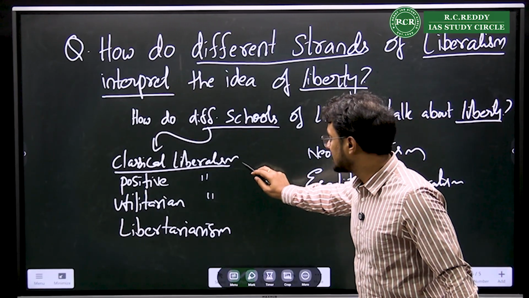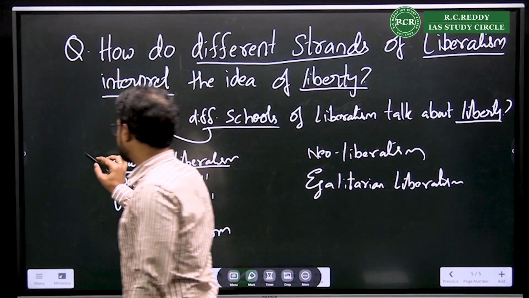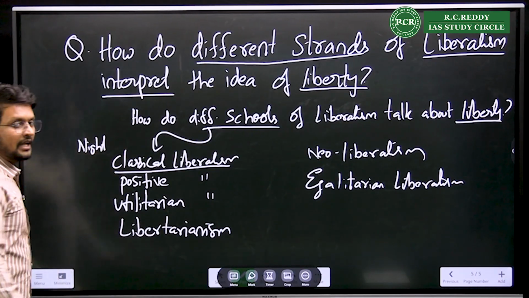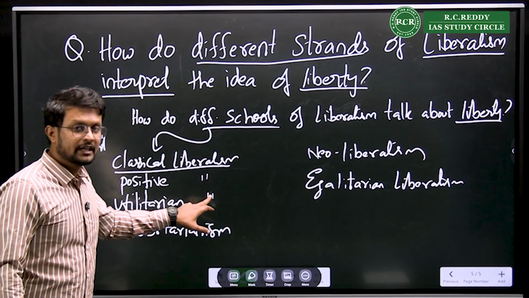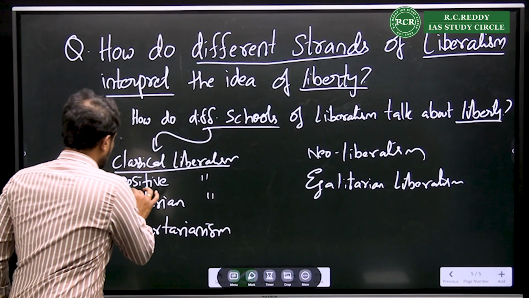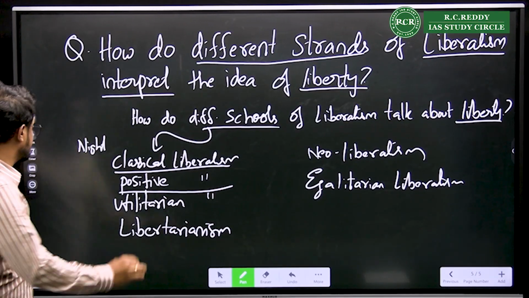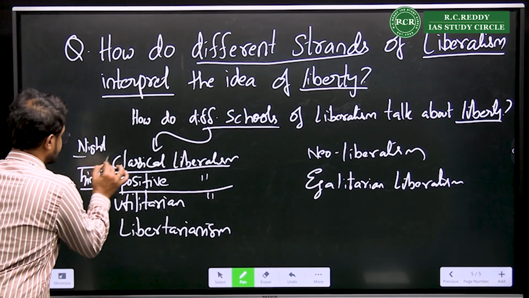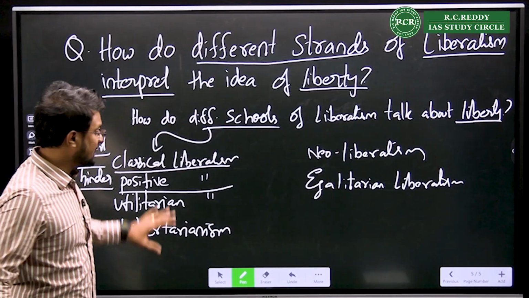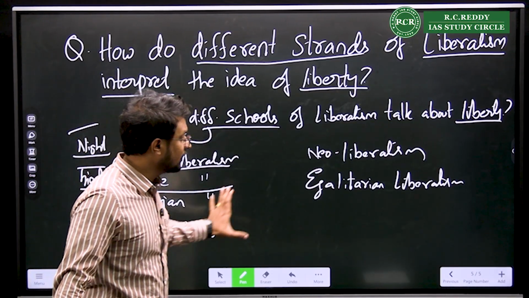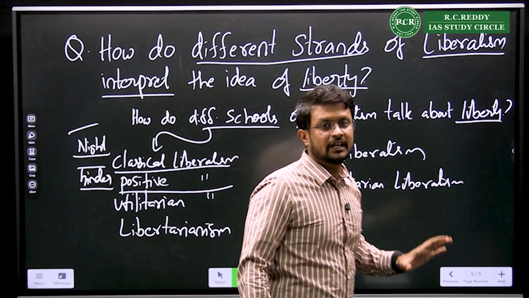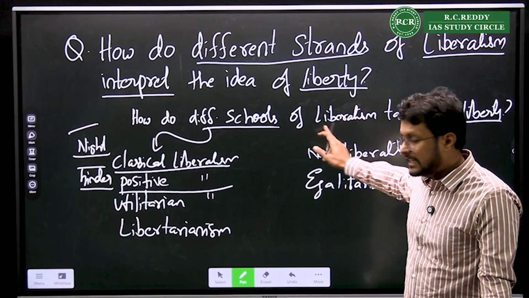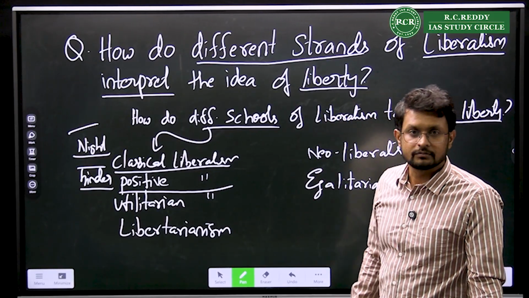So classical liberals say that state is just okay to be a night watchman state. In terms of positive liberty, T.H. Green says we must remove the hindrances, right? So in this way, we have to identify what each of the strands or schools of liberalism talk about liberty and present it as a solution, right?